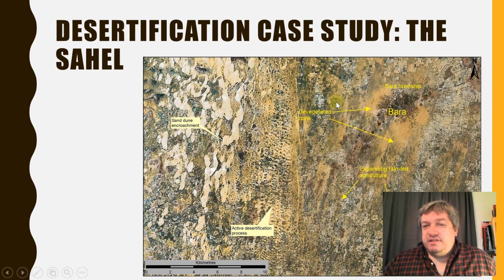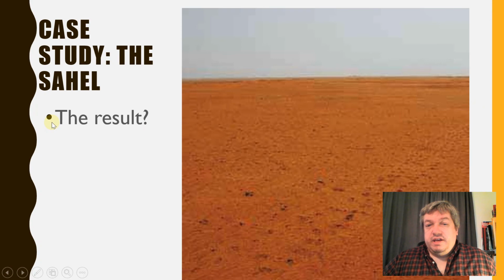And what happens is, over here, the desert's encroaching. It's getting hotter, and this area that used to be more grassland is being turned into desert. Unfortunately, this has been the result far too often: turning the Sahel back into desert.